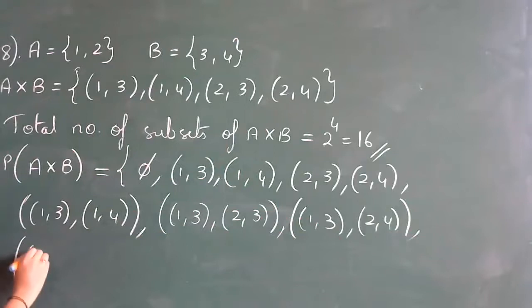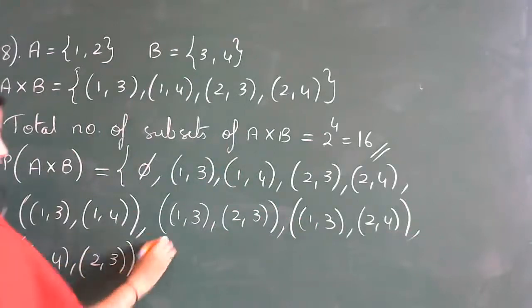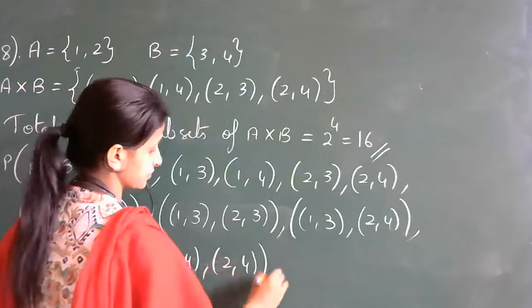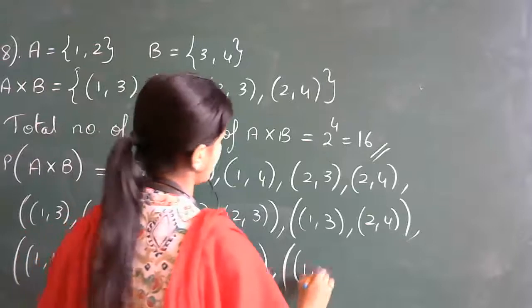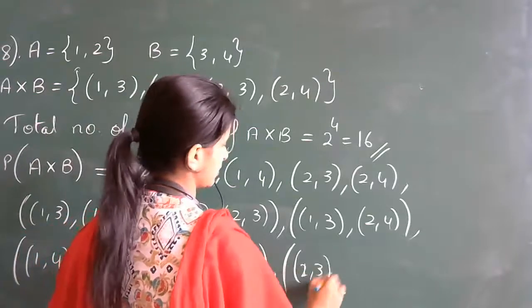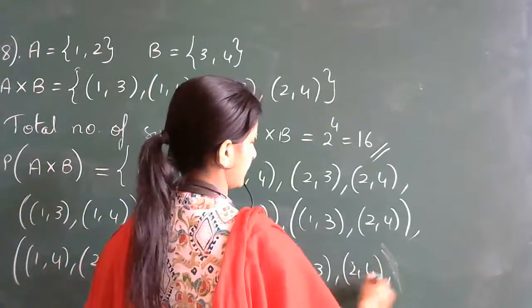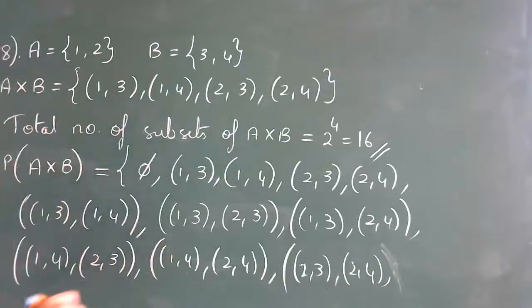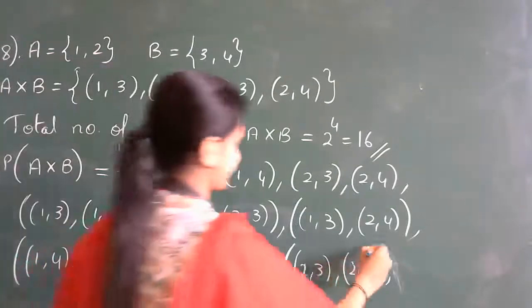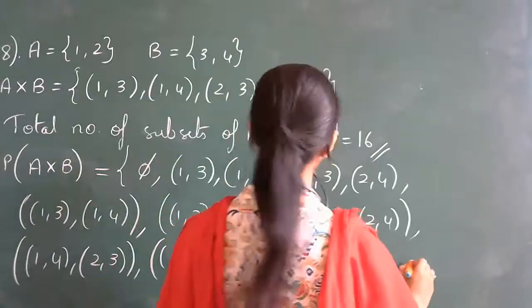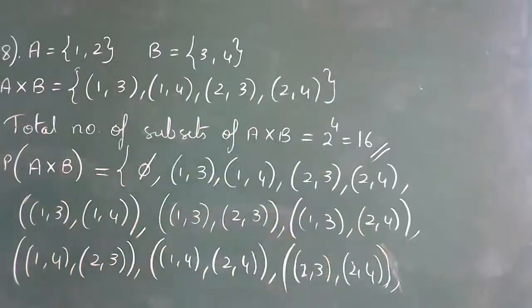Next 1 comma 4, 2 comma 3. 1 comma 4, 2 comma 4. Next 2 comma 3, 2 comma 4. And lastly, no, next is 3 element set.